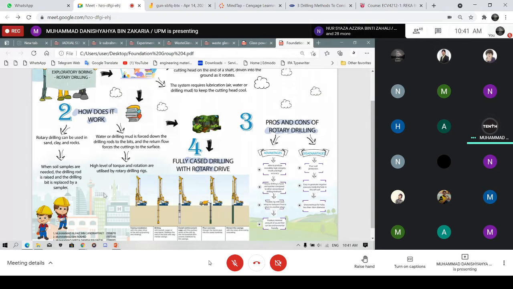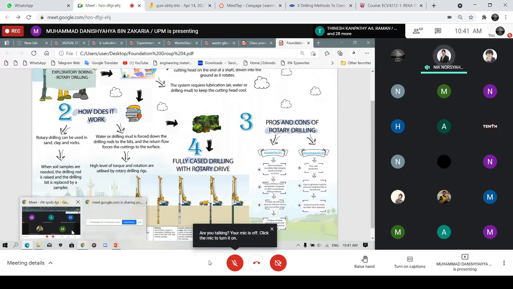For what we found, the drilling depth for this method is 203 to 445 millimeter. Millimeter? Oh, diameter. The depth of the sampling.